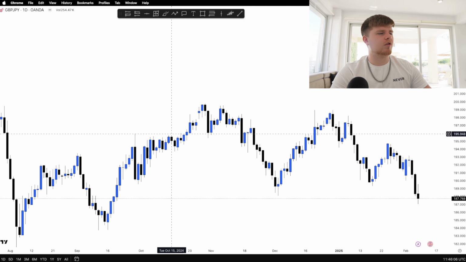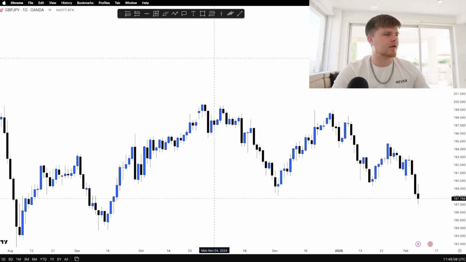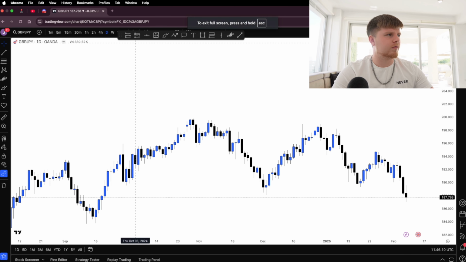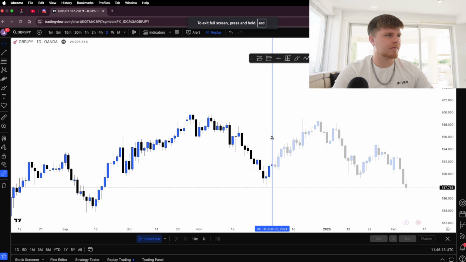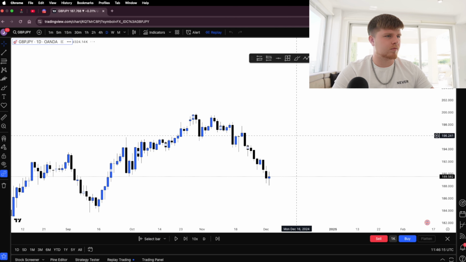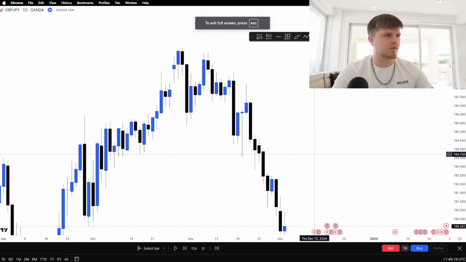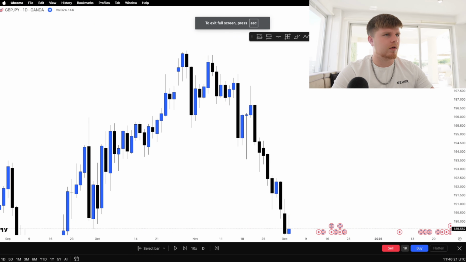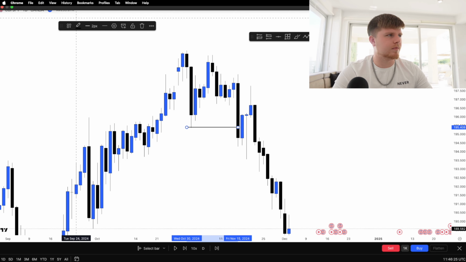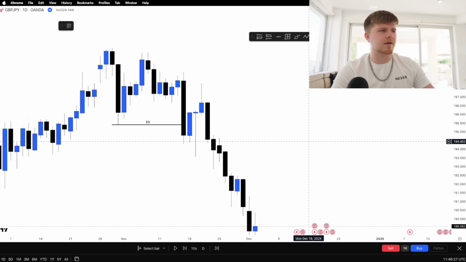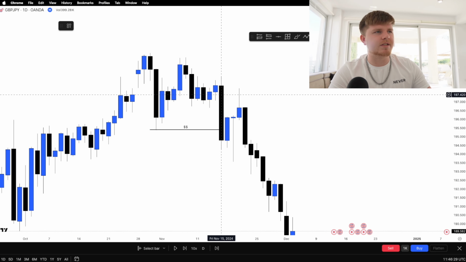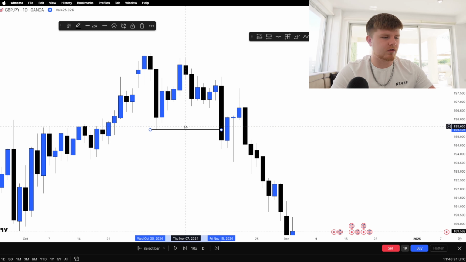Okay, so if we just look at this move down, you can see there is liquidity here. We'll start there. Okay, there's liquidity right here. So price takes out this liquidity, therefore making it become invalid, so we don't really need to look at it anymore.